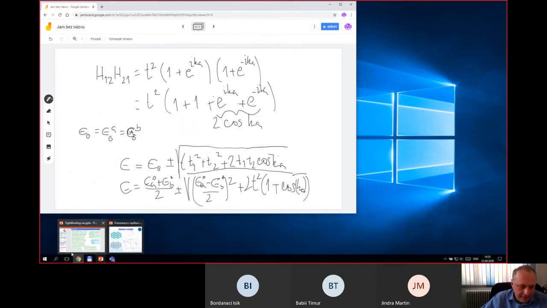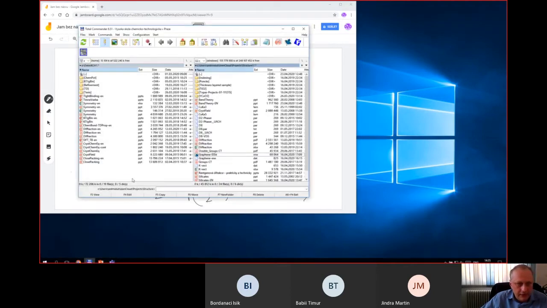But I know Maple, so I will show how it is solved in this case.